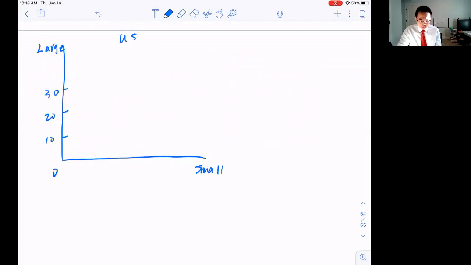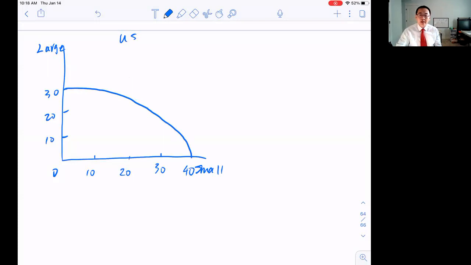So you end up having, oops, that was terrible. Okay, you end up having, I'm trying to connect two dots, I'm trying to draw here. Okay, you end up having a curved line like this.